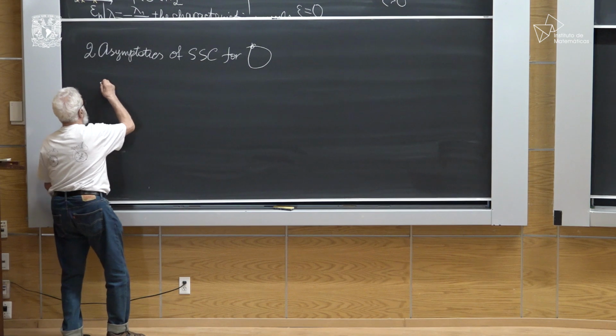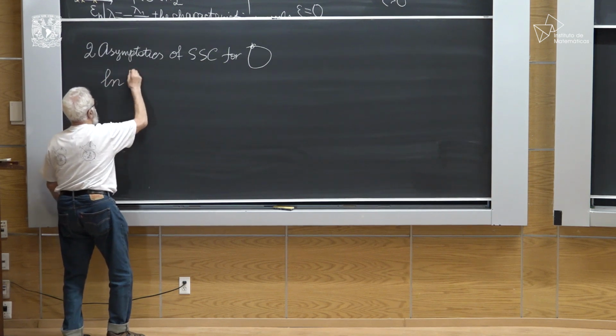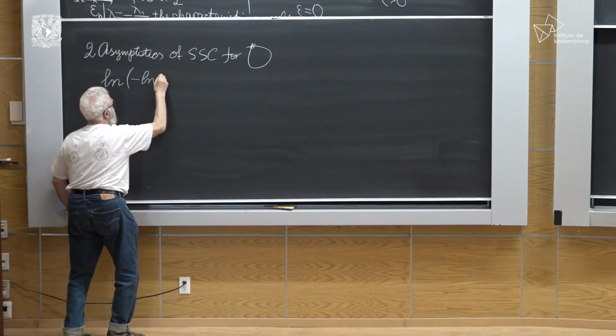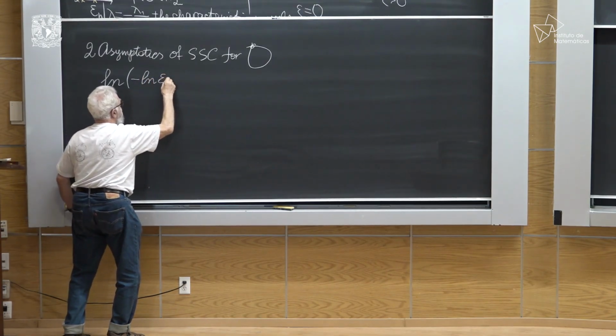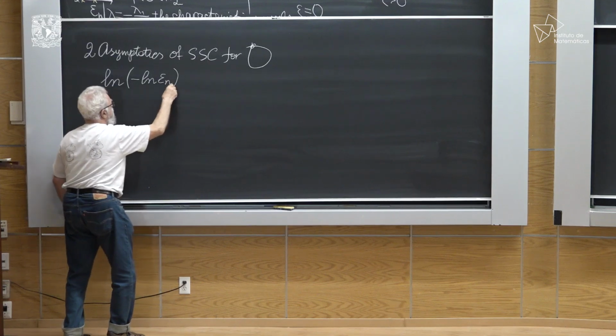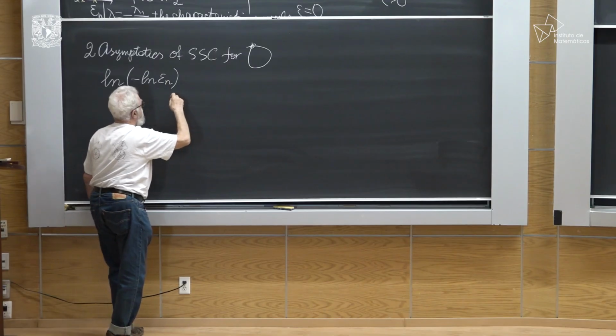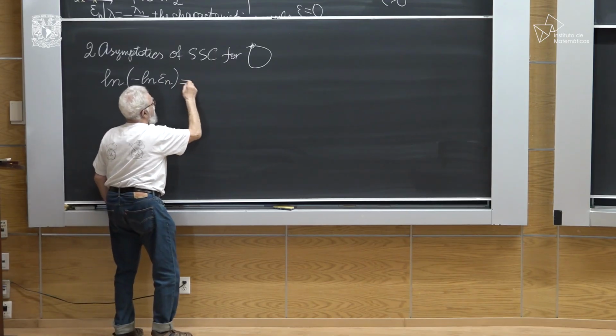So the value of epsilon n is small, its logarithm is negative, so the next logarithm may be taken of the magnitude, or of the inverse logarithm of epsilon n.